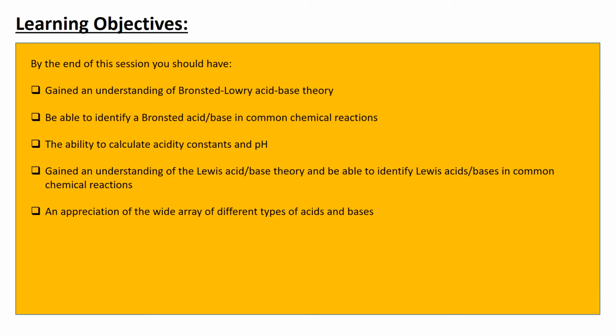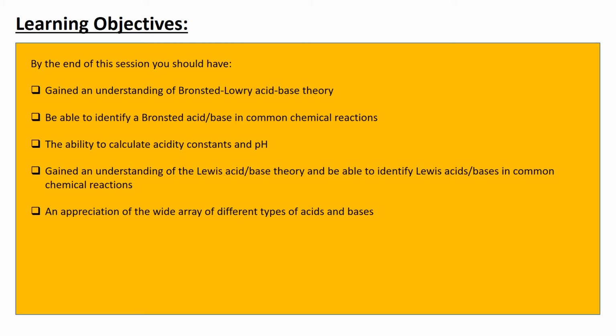What I also want to do towards the end of this session is to consider the wide array of compounds that we actually define as acids and bases, because I'm sure that in your studies at school and in other introductory chemistry programs, you will have considered acids and bases. You might have looked at carboxylic acids, sulfuric acid, hydrofluoric acid, things which have an obvious acid or base-like identity.